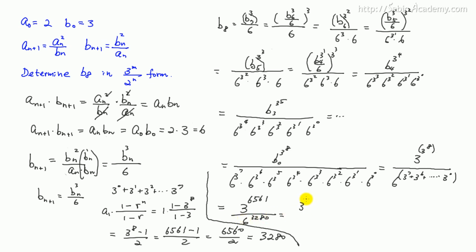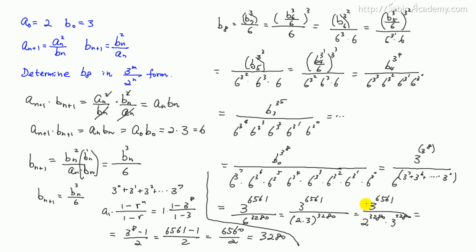So we have 3 to the 6561 over, okay, let's make it into 2 to the 3. Should I show this step here? I think you know. But let me spoon feed in this case. 6 is 2 times 3. Did you know that? Okay, so here we go. 3280. Now you can see it's 3 to the 6561 over 2 to the 3280 and 3 to the 3280.